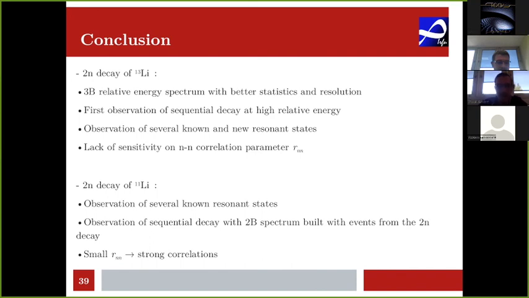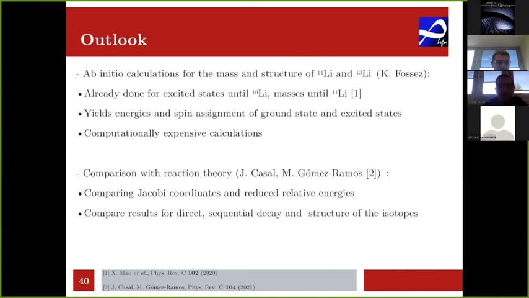What is now remaining to do? What we can do is use ab initio calculations for the mass and the structure of these two lithium isotopes, which is a study that has already been performed for most of the lithium isotopic chain until lithium-11, and now pushing the computation, we will be able to compare it to the structure that we found for lithium-13 and lithium-11.